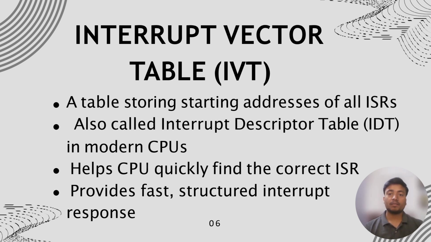Next, interrupt vector table. In short, we say IVT. First, a table storing the starting addresses of all ISRs. ISR means interrupt service routine. Second, it is also called the interrupt descriptor table, IDT, in modern CPUs.